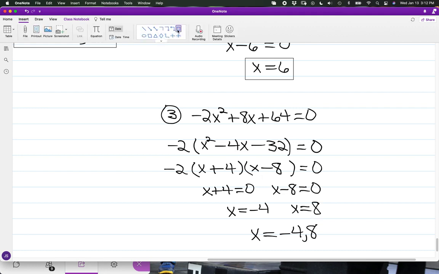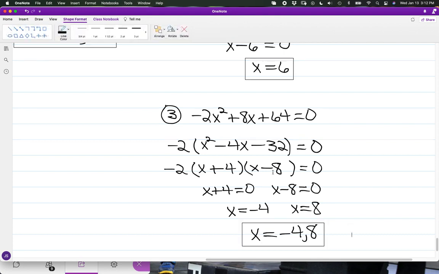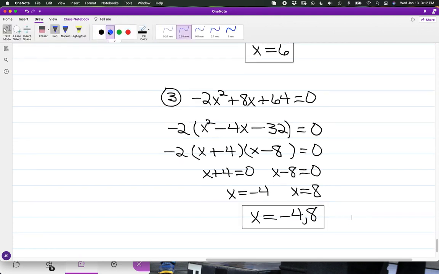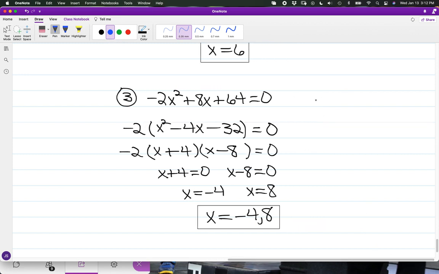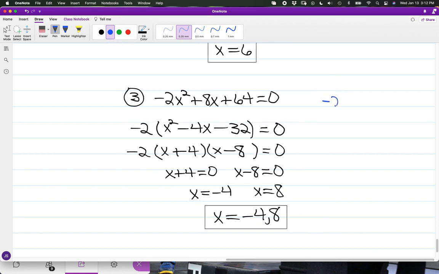And I'll just give a slight reworking of this, creating a very slightly different pathway. Say I were to divide by the leading coefficient, negative 2.